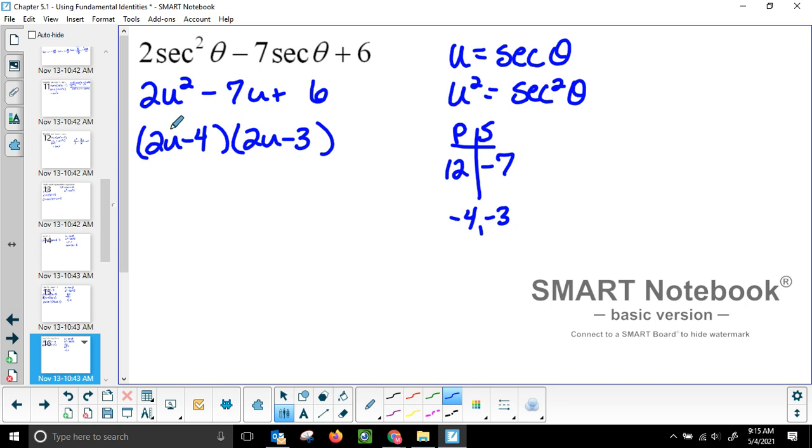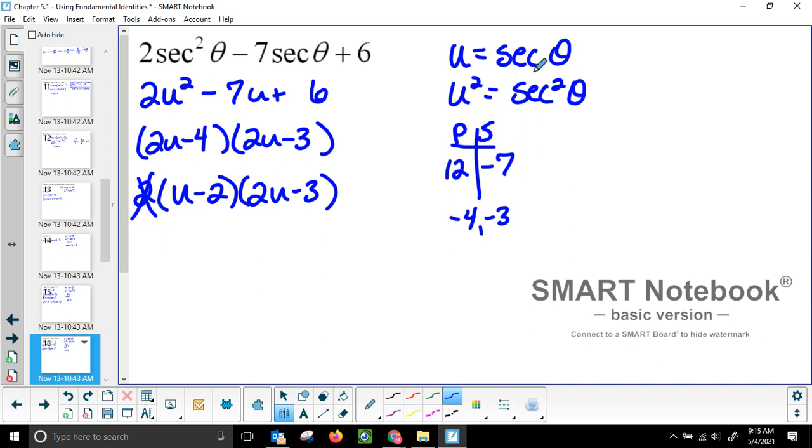Again, I'm going to have to take out some trash. So I look at my first factor here. Both terms have a 2, so I can pull a 2 out, and I'm left with u minus 2. I can't pull anything out here, so 2u minus 3. Whatever we pull out, we throw away. This is my factorization.